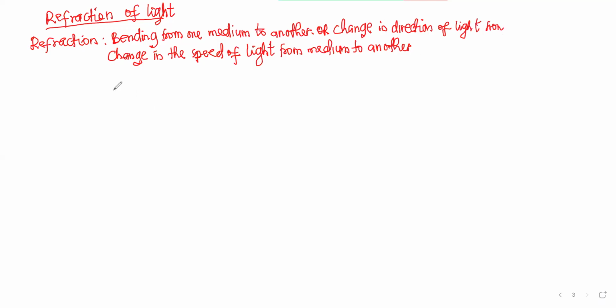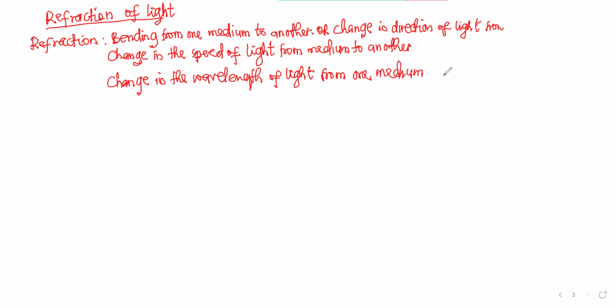Then the third definition can also be change in the wavelength of light from one medium to another.